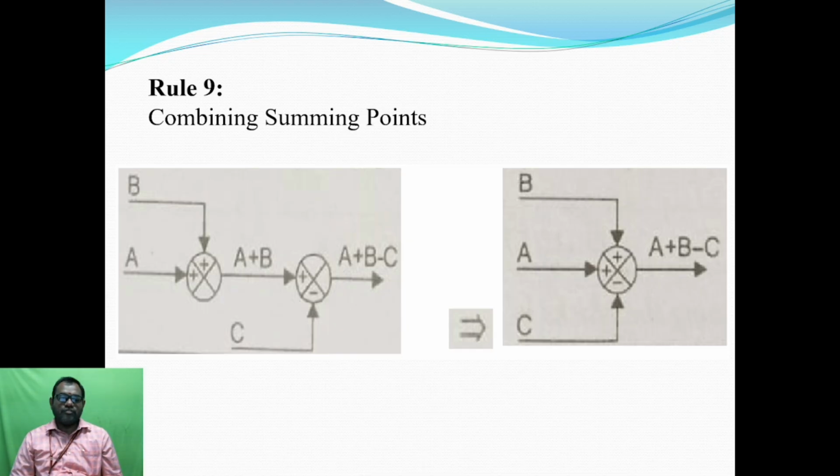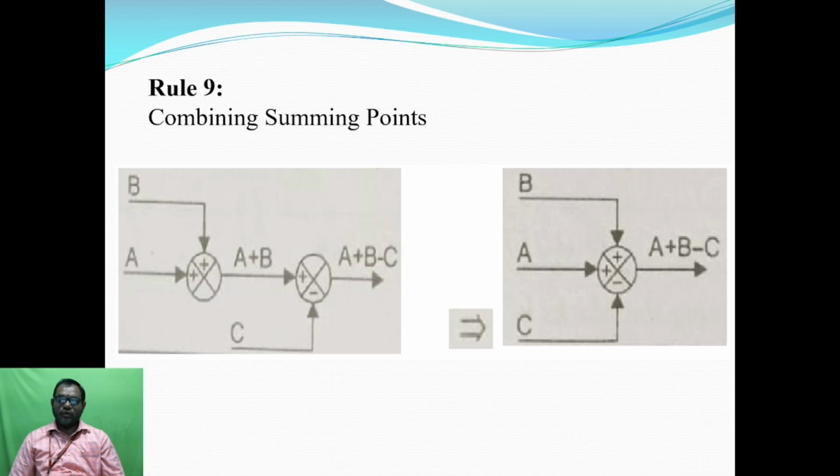The first summing point has inputs A and B, and its output is A plus B. The second summing point has two inputs, A plus B and C, and its output is A plus B minus C. So the total elements, A, B, C, all three are combined into a single summing point.